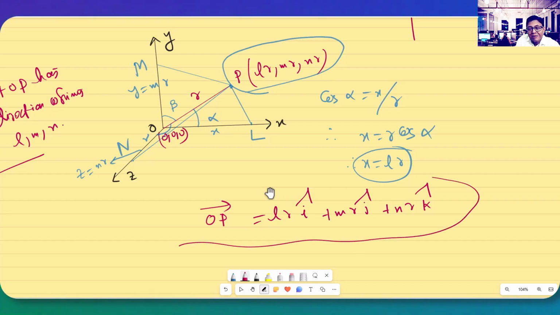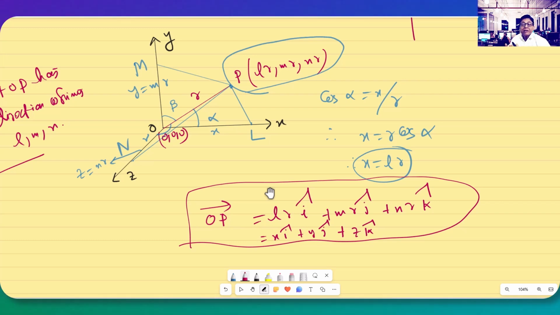Okay? You can write OP vector as xi, yj, zk. You can also write it in terms of the length of the line segment OP or the vector OP and its direction cosines. Clear?